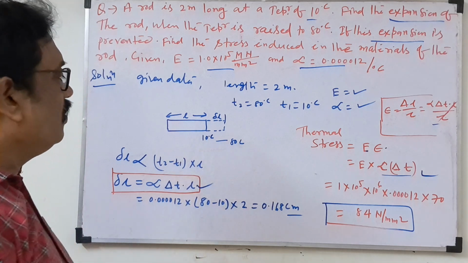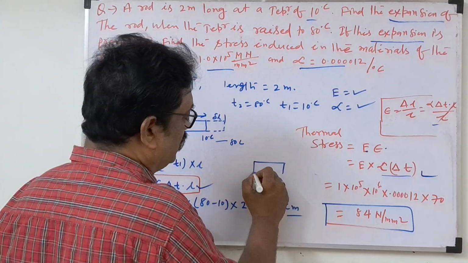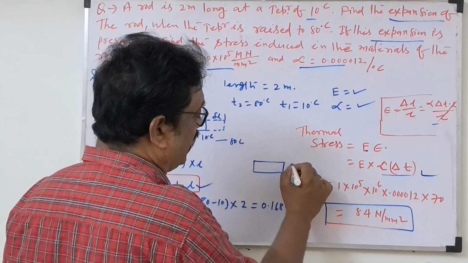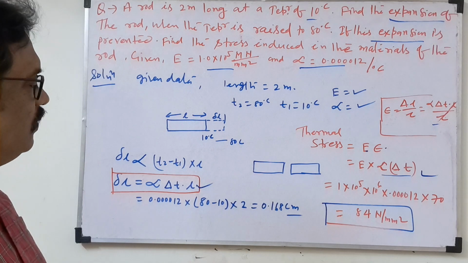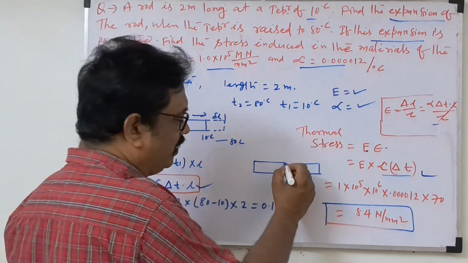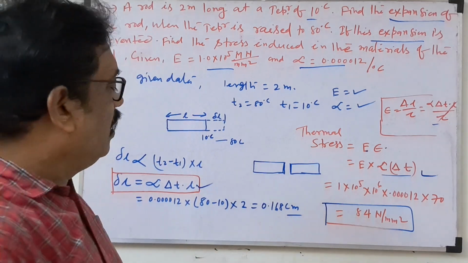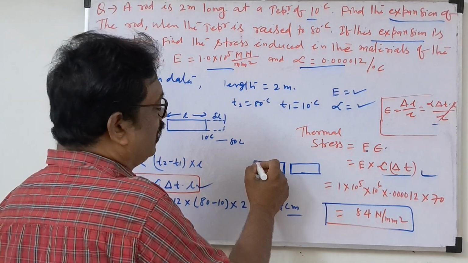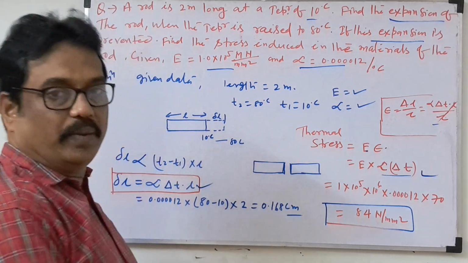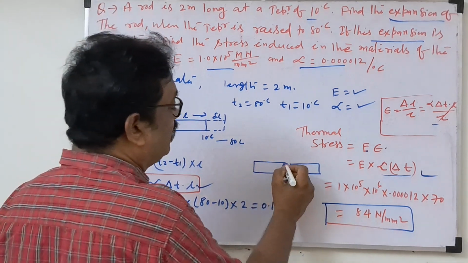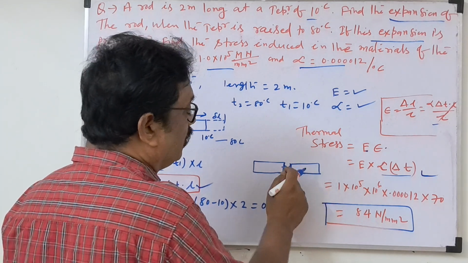And also see where thermal stresses have an application. Suppose you see a railway track. You will see that somewhere in between the track, some gap will be there. Why is this gap there? Once the train runs, the temperature in the track will increase and it will expand up to this gap.